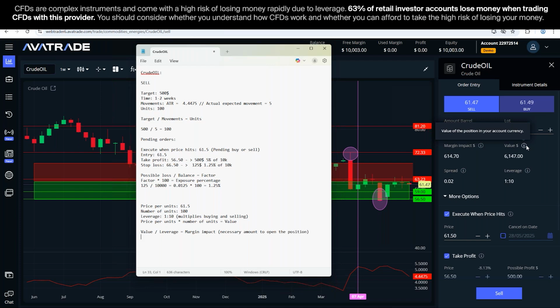So if we take 6,147 divided by the leverage, we get 614, which is already displayed in here. I want you guys to know that using this interface gives you all the numbers I showed you automatically. You don't have to do those calculations if you're using the web trader. Keep in mind that if you're using MT4 or MT5, you can find those calculations useful.